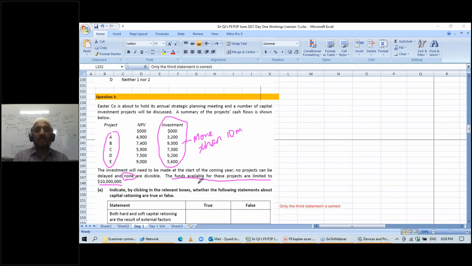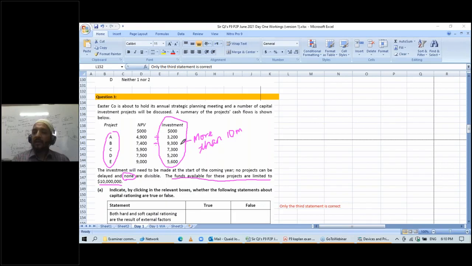So first of all, in order to make it easier, we will divide the NPV earned from the project by the investment amount. If you divide the NPV by investment amount, you come to know which projects give you the NPV per dollar. By investing $1, how much NPV do you earn from a project?